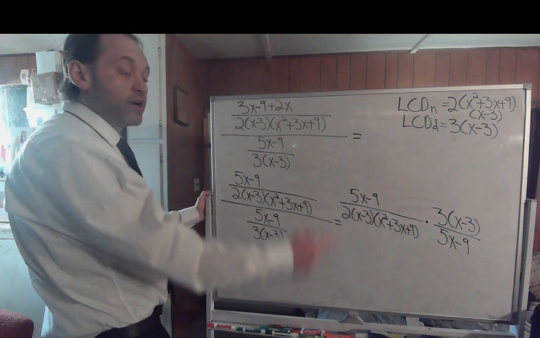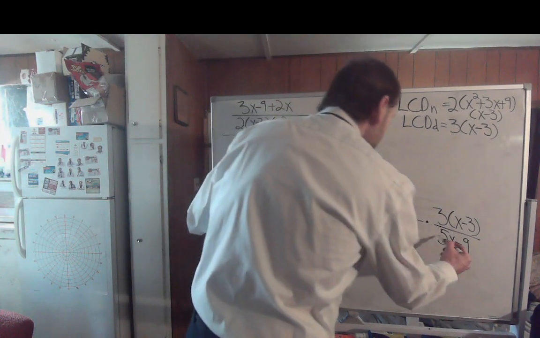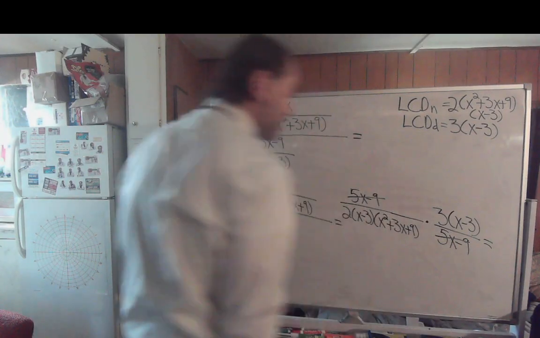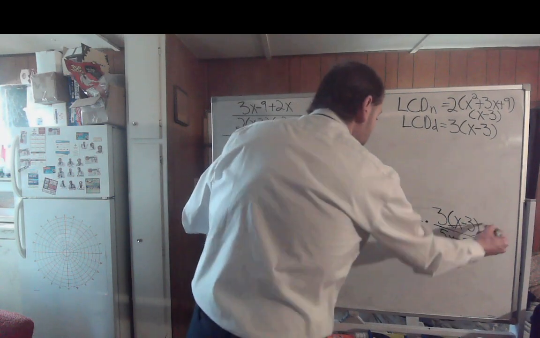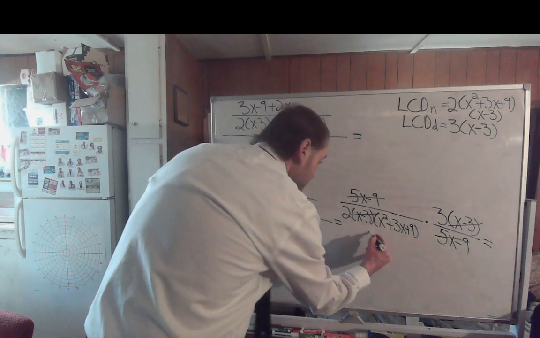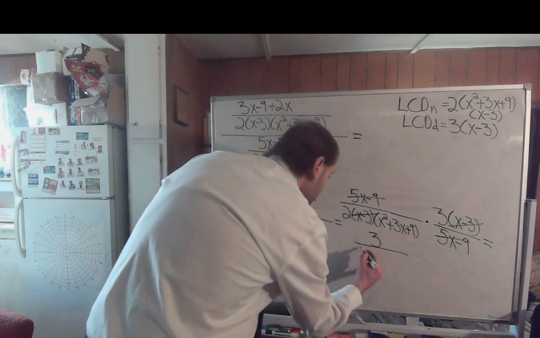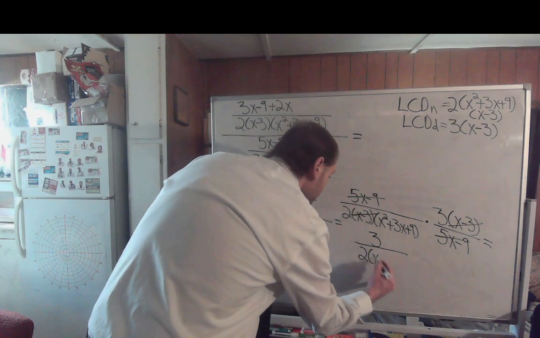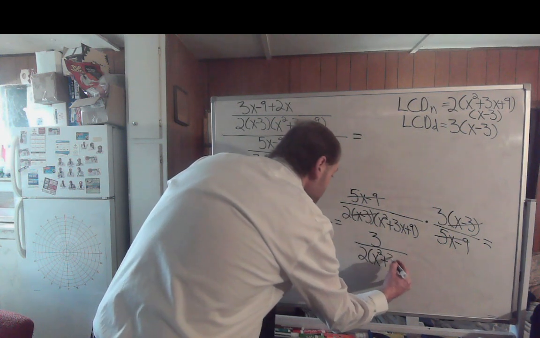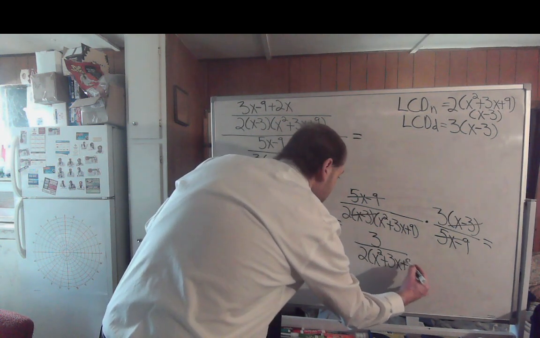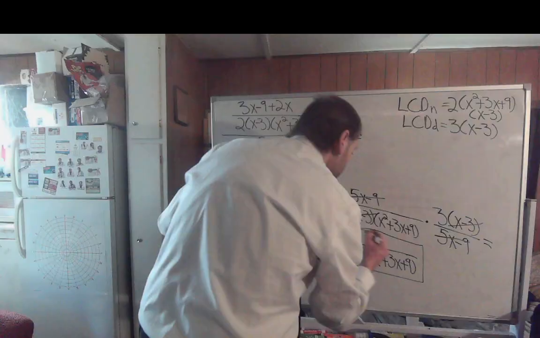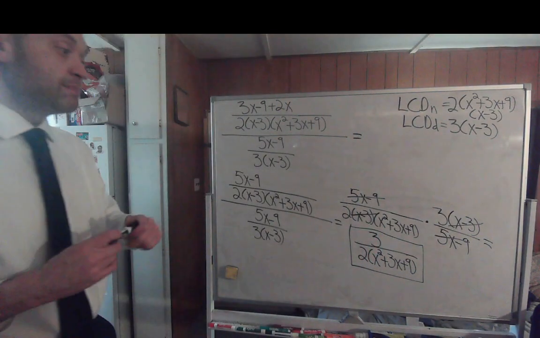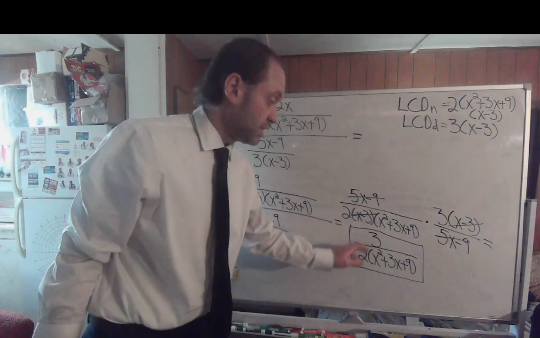In both the numerator and denominator, the 5x minus 9s are going to cancel out. What else cancels out? X minus 3 will cancel out. So this literally is going to leave you with 3 over 2 times x squared plus 3x plus 9. And that's the best we can simplify this. You'll get 3 over 2 times x squared plus 3x plus 9.